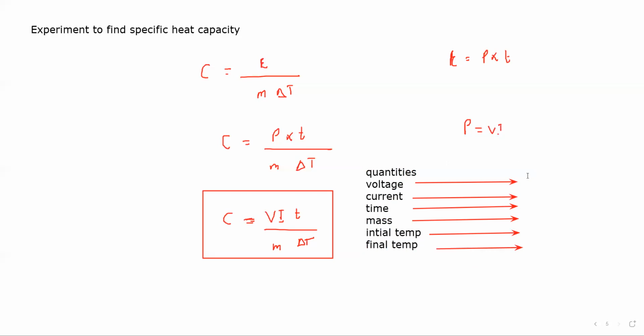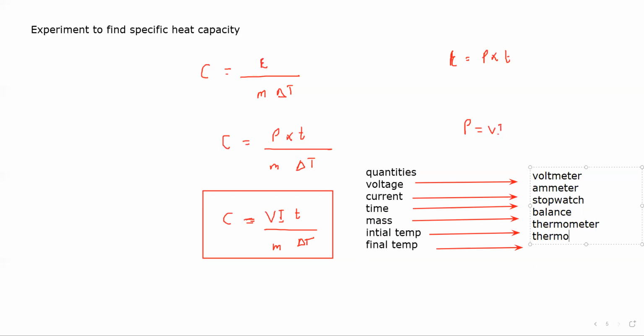Voltage is measured by a voltmeter. Current is measured by an ammeter. Time is measured by a stopwatch. Mass is measured by a balance. Initial temperature by a thermometer, and final temperature also by a thermometer.